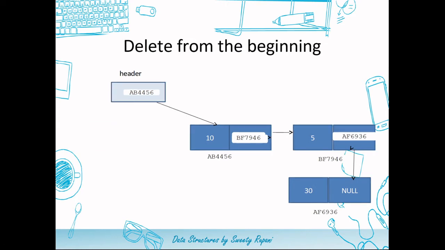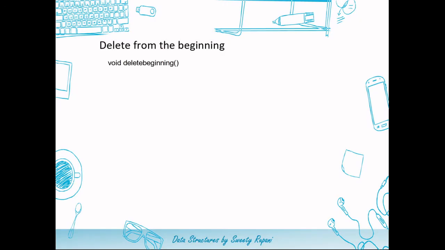Now let us have a look at its implementation. When I write a delete begin function, I'll have a pointer p which will be initialized with header, in order to read its address. First of all, before deleting, I'll have to check if header is null. If header is null, it indicates that the list is empty and we cannot delete a value.